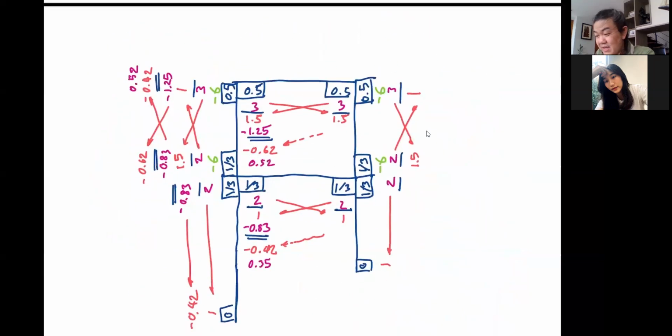Now we begin our distribution, and we have come this far. I already forgot where I was for the distribution. I think we have 0.52 here, right? And then we have 0.35 here, so it's going to be 0.35 for the rest.